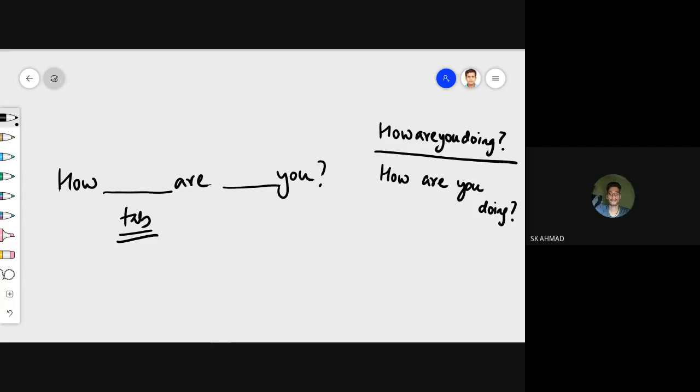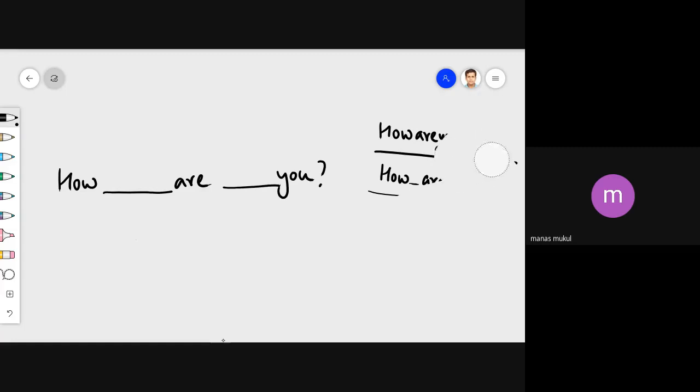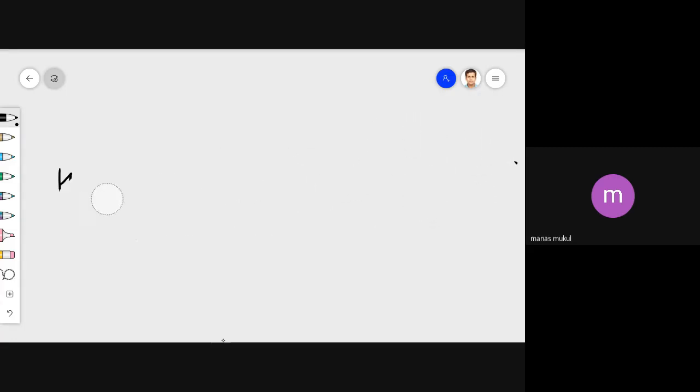So the most appropriate sentence would be this one, because in between these two words we have a single space.